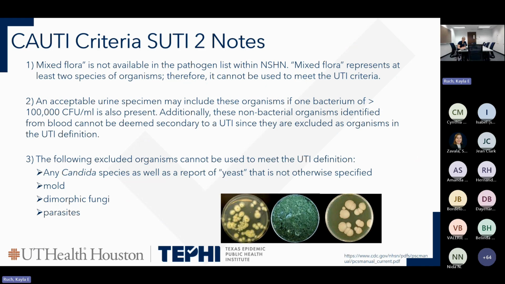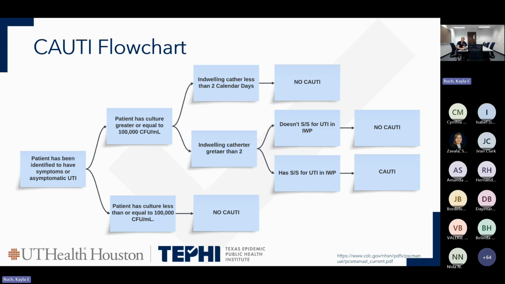Mixed flora is not a viable pathogen according to the National Healthcare Safety Network, or NHSN, and they also exclude anyone that has candida, which is any yeast. Yeast is a very common pathogen in the urogenital tract, so it can naturally be just in our urine based on the individual. Mold, fungus, and other parasites are excluded as well.